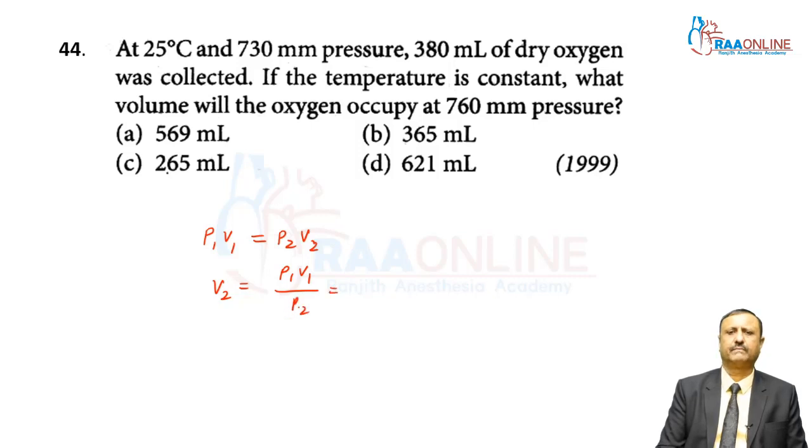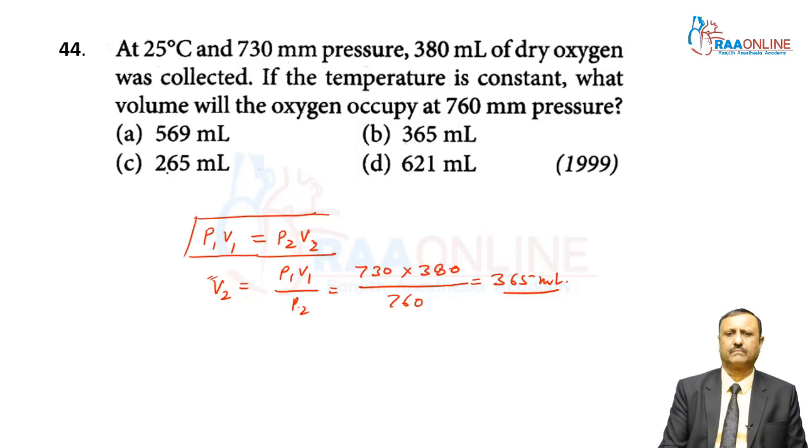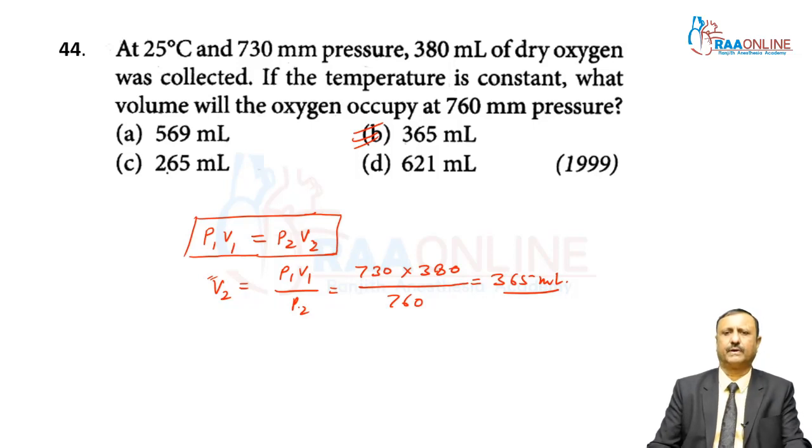Here P1 is 730, V1 is 380, and P2 is 760. Multiply and divide, and you get 365 milliliter. This is the answer for the volume. You can also use the ideal gas equation formula and get the answer. So your answer is 365 milliliter.